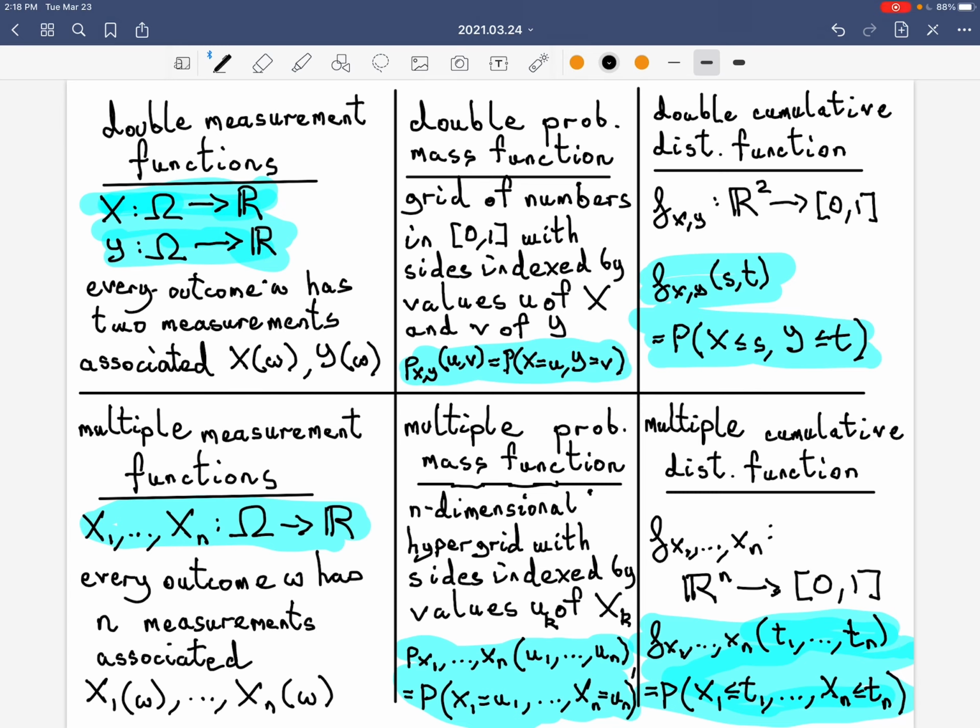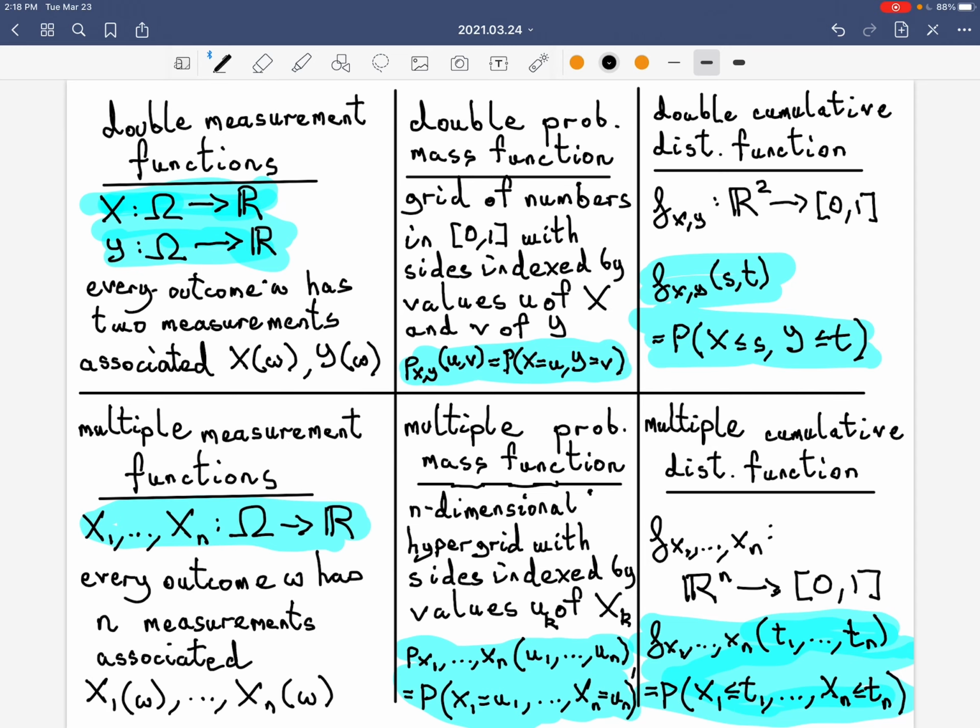So we have two measurement functions, x and y, and every outcome in our sample space has two measurements associated with it, which we'll write as x of omega and y of omega, where omega is the outcome.